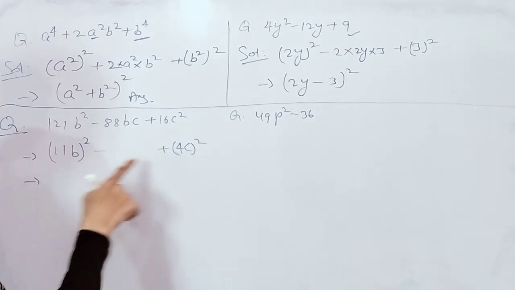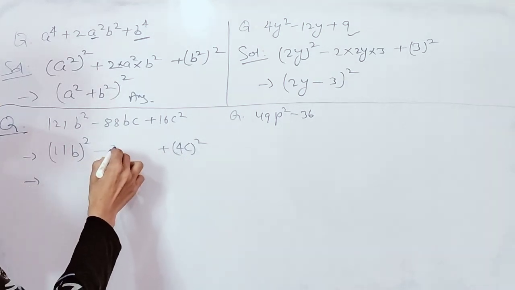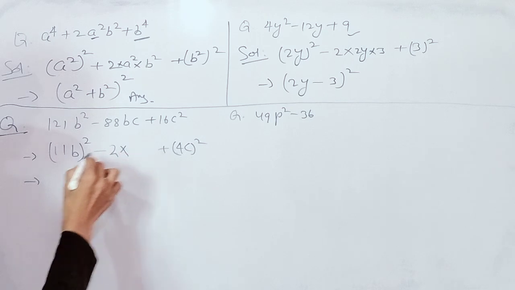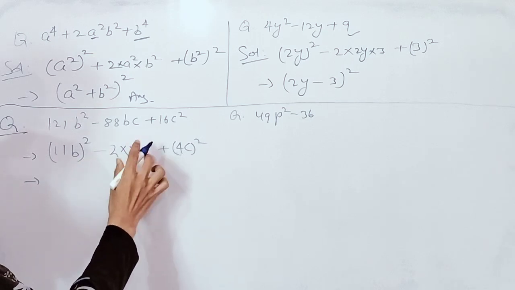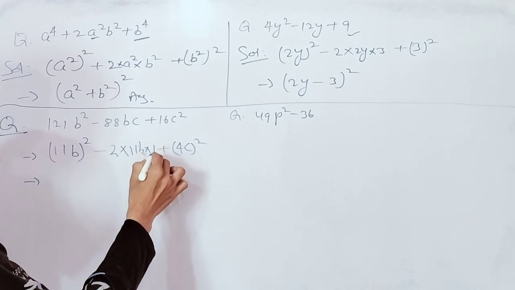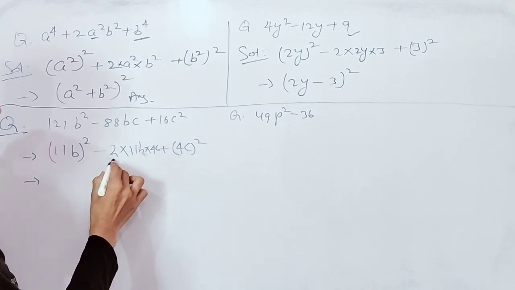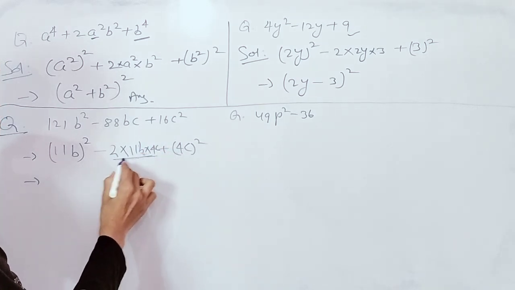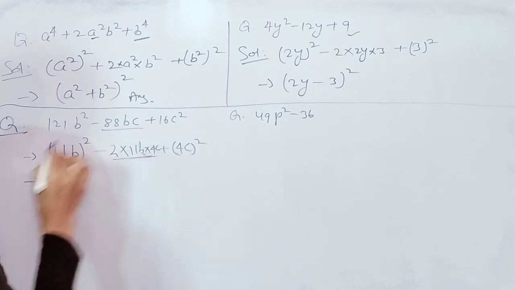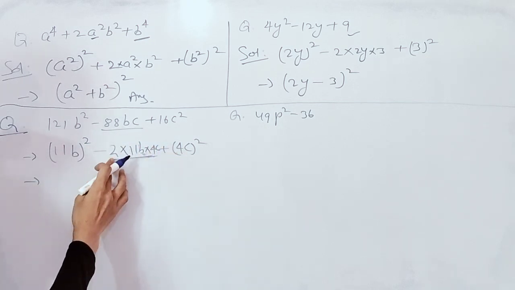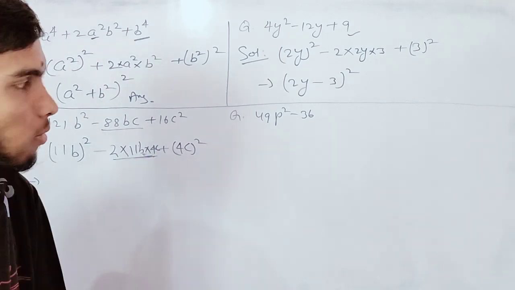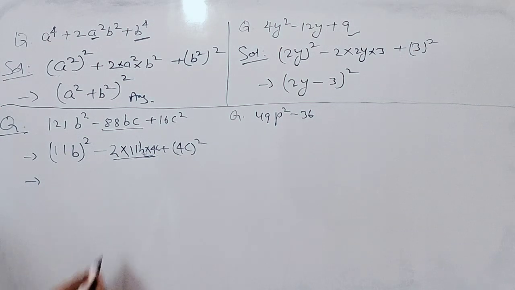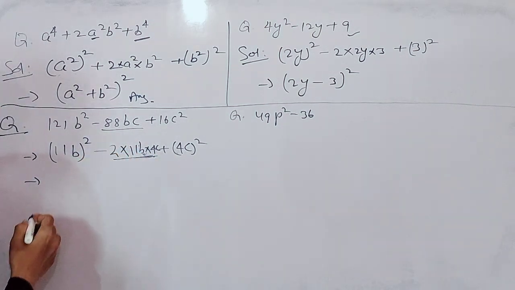Now, as we know, this is the value of a and this is the value of b. 2 multiplied by 11b multiplied by 4c. This one term will give you this much. You can multiply this: 22 multiplied by 4 is 88 bc, with a minus sign.